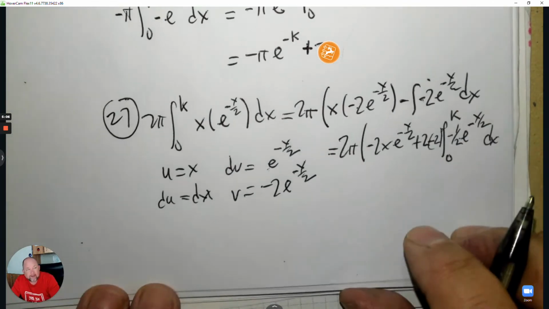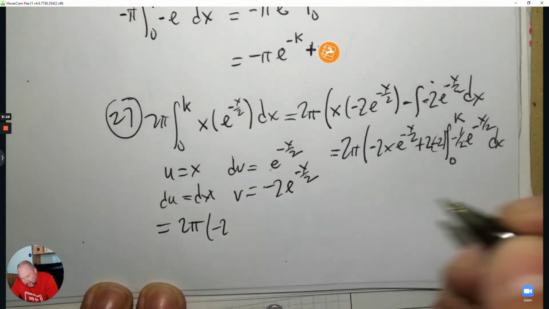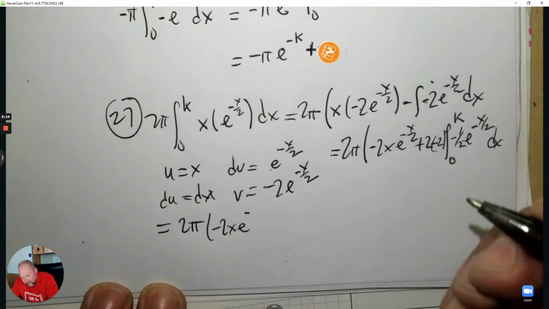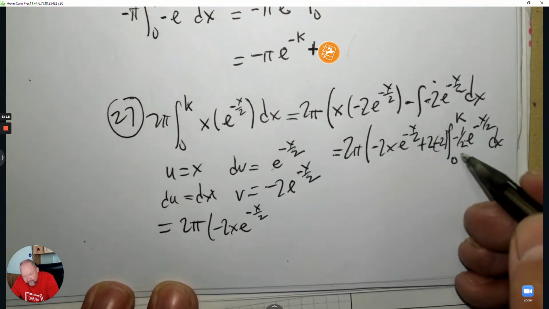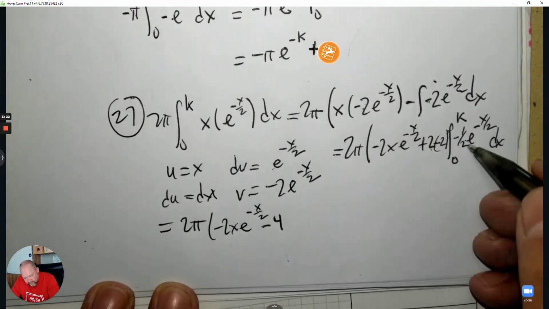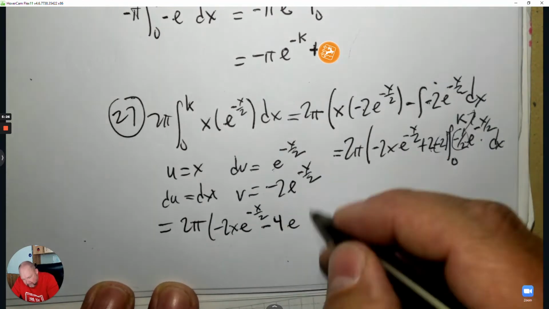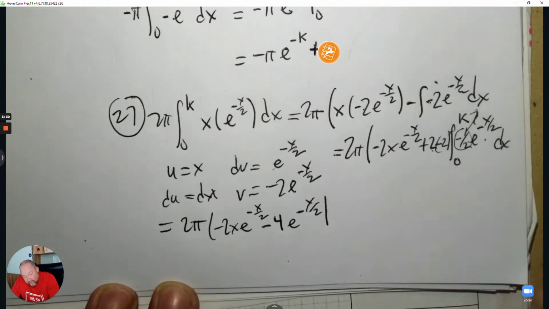I'm going to continue here. So I have 2 pi. I have negative 2x e to the negative x over 2. Subtract 4. And then ignore the hook, and then it's just e to the negative x over 2. And that's from 0 to k.